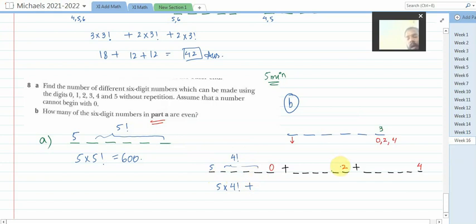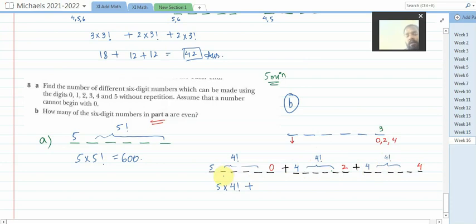Now for the next case, 2 we have already used at the end, and 0 we cannot use at the beginning. That means for this one, how many options do we have? We cannot use 0 here, we cannot use 2 here. So the number of options we have is 4, and the rest is 4 factorial. Similarly for the last one as well, it's 4 and 4 factorial.